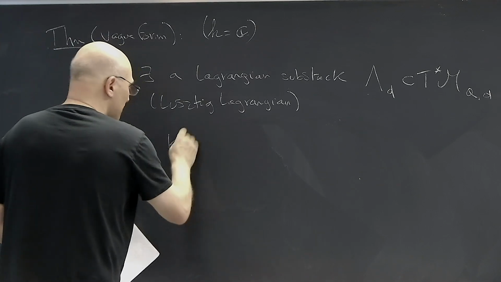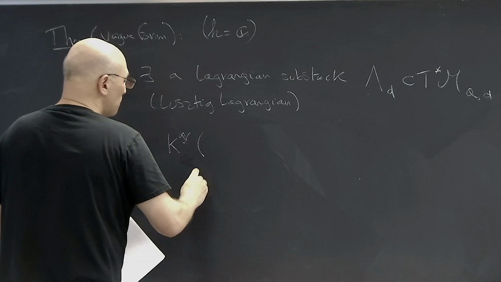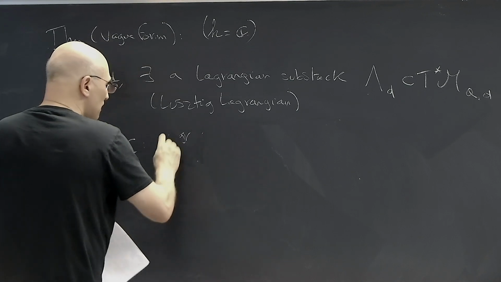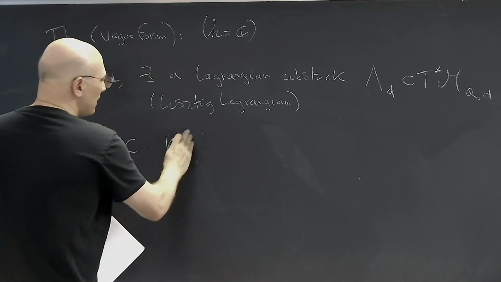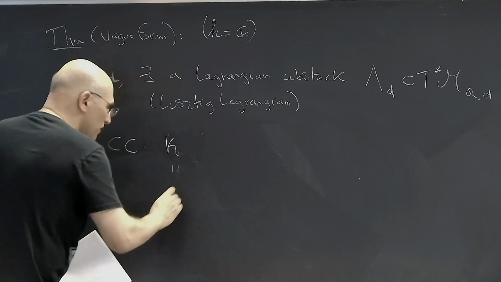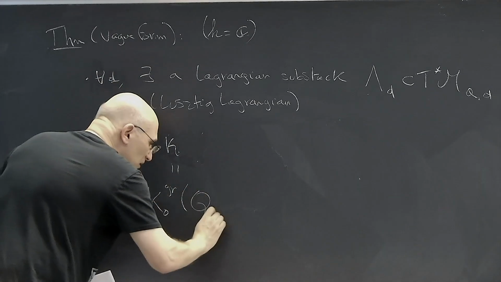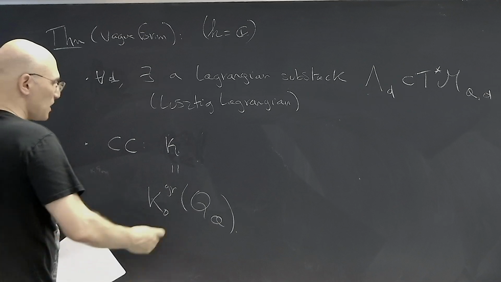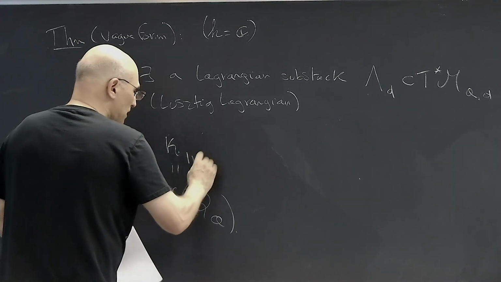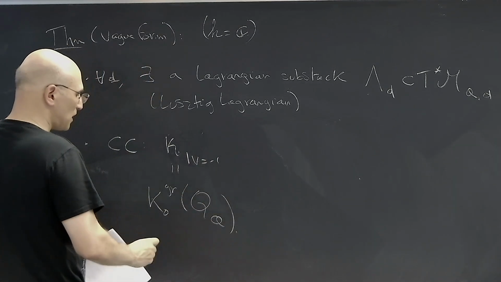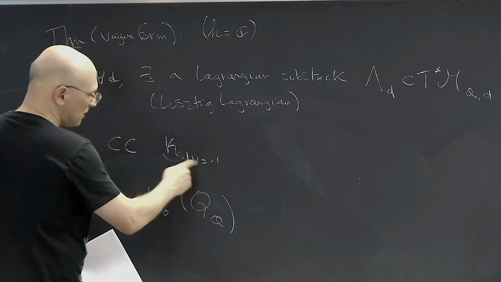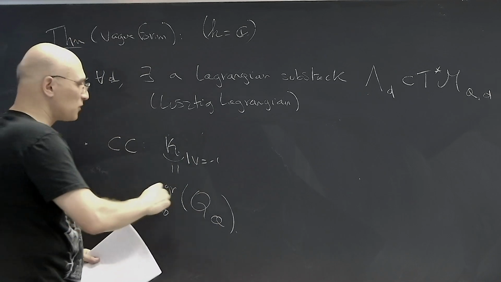So let me write like this. The graded Grothendieck group, we had K prime. No, K. K was the graded Grothendieck. Let me just write it, of Q, but here I put v equals -1. So I specialize it to v equals -1.